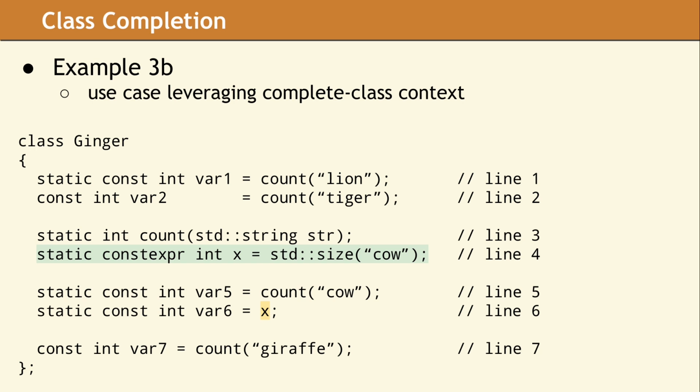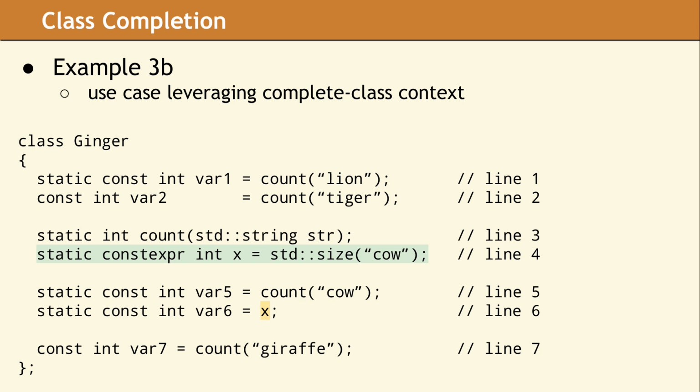Here is the wild part we discovered about line 5. We actually expected this line of code to compile, since the count method is visible. Getting a compile error saying var5 needed to be initialized with a constant expression was a bit unexpected, but okay, we can add that. So we tried to add a constexpr to the declaration for the count method on line 3.